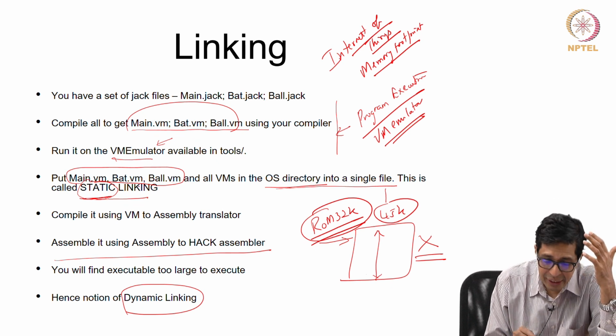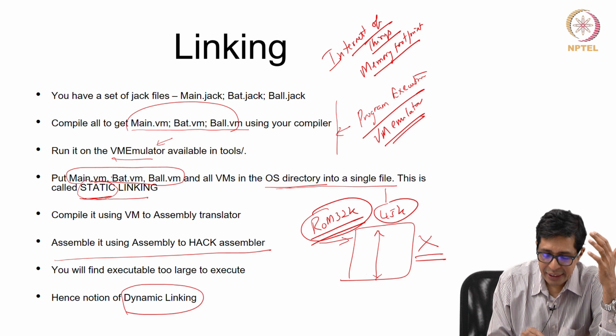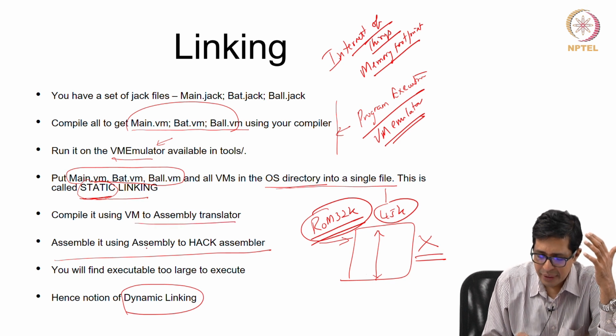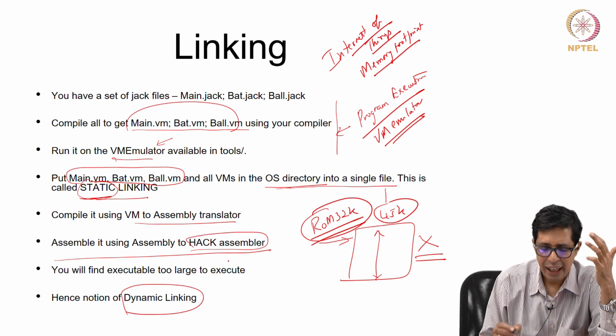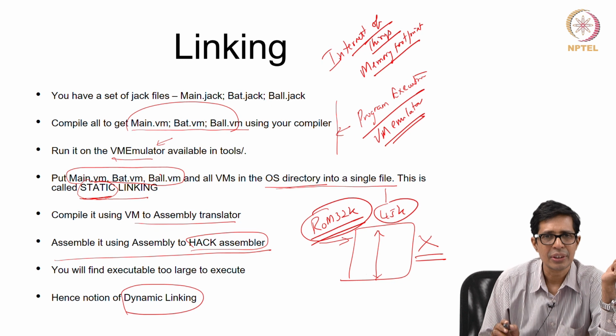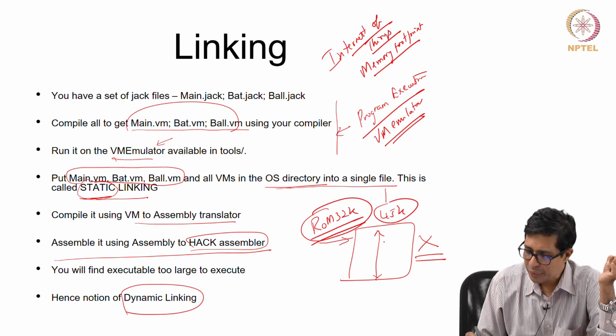Then I will link them, assemble them, and convert them to hack code. So I will have the machine code for main, bat and ball, which will be loaded into the memory.